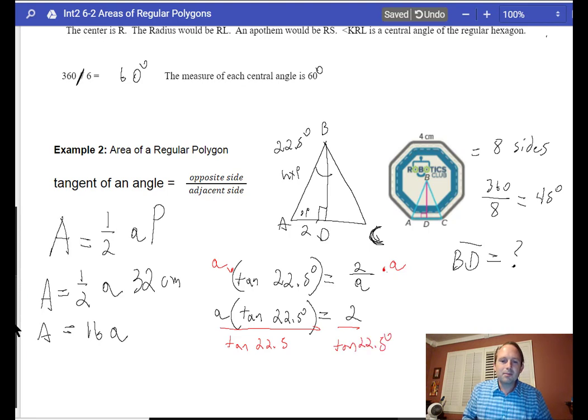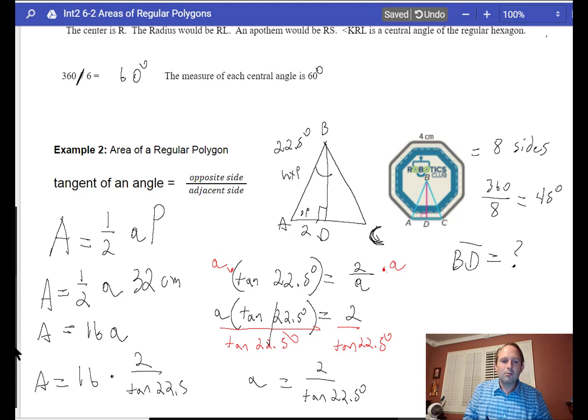And then we can substitute 2 divided by the tangent of 22.5 degrees. So we get the area would be equal to 16 times 2 divided by the tangent of 22.5 degrees.